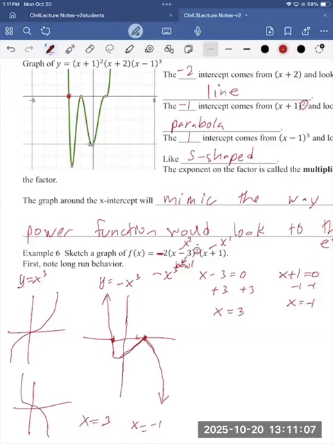We could go one more step and figure out exactly where it's hitting the y-axis. Let's find the f of x intercept, or y-intercept. We can easily do that quickly by plugging 0 in for x.